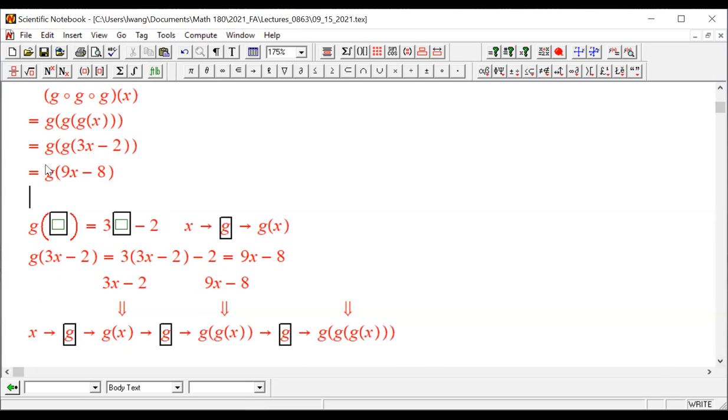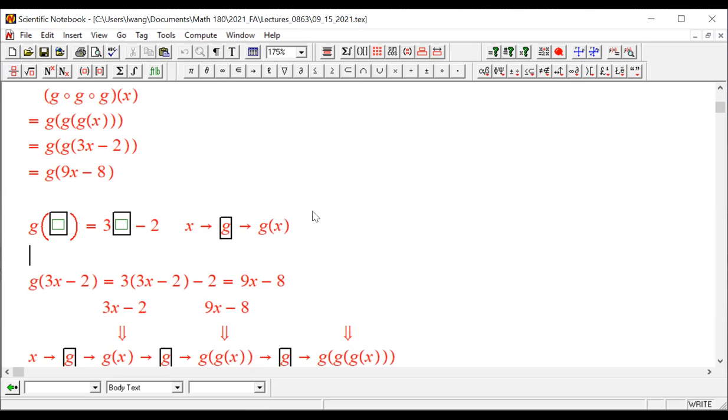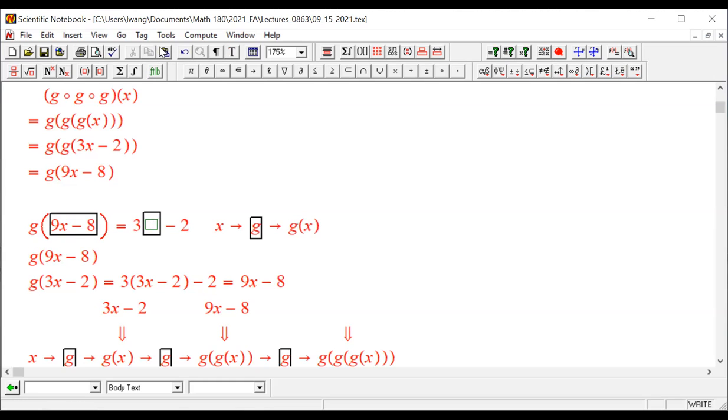Yeah. Now inside the box, you still use the same machine. So inside the box this time, we're dealing with g of 9x minus 8. So 9x minus 8 is going to be in the box. You follow me?